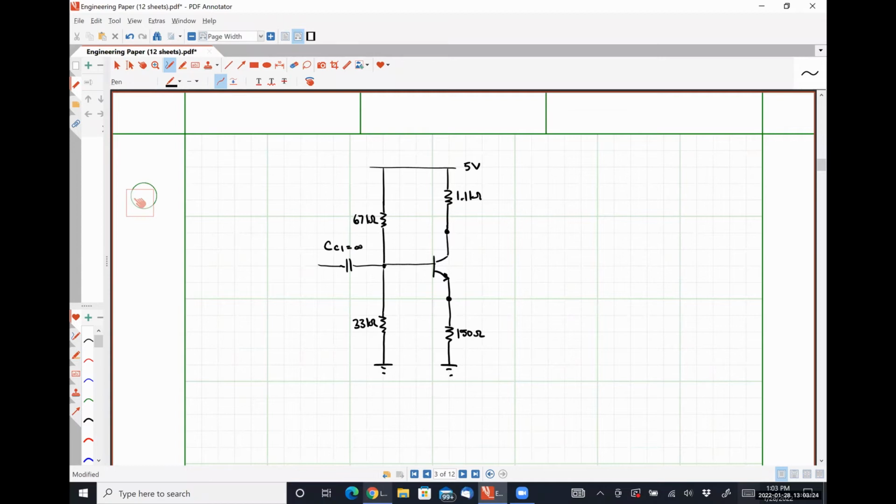So what I mean by that is that it's going to look like an open circuit to DC quantities, and it's going to look like a short circuit to our AC quantities. And we might have some signal resistance. Let's call this R sig. Here is our input voltage, Vin of t.